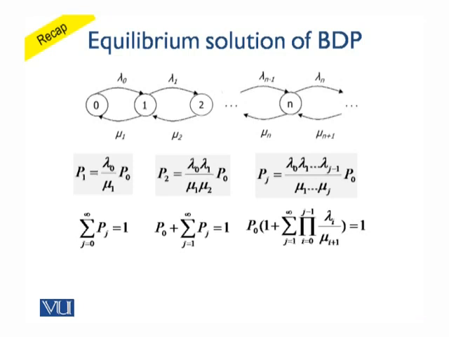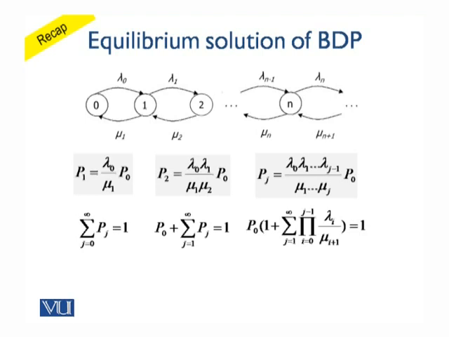The only thing that remains here is what is P naught? What is the probability of having the system idle? And that can be determined from the observation that the probability of being in any one of these states is obviously going to be 1.